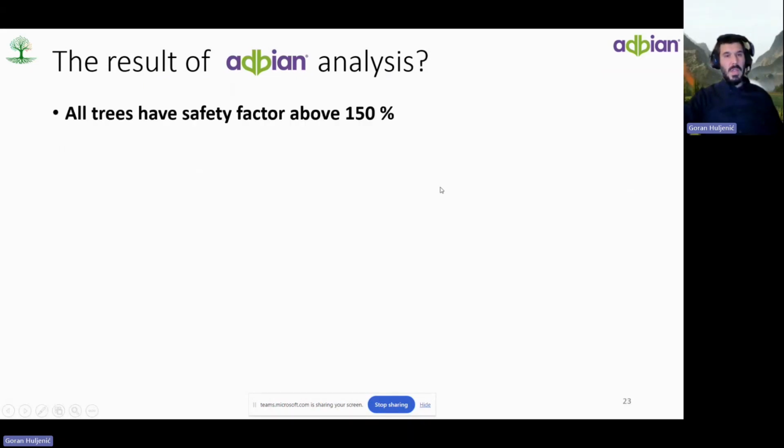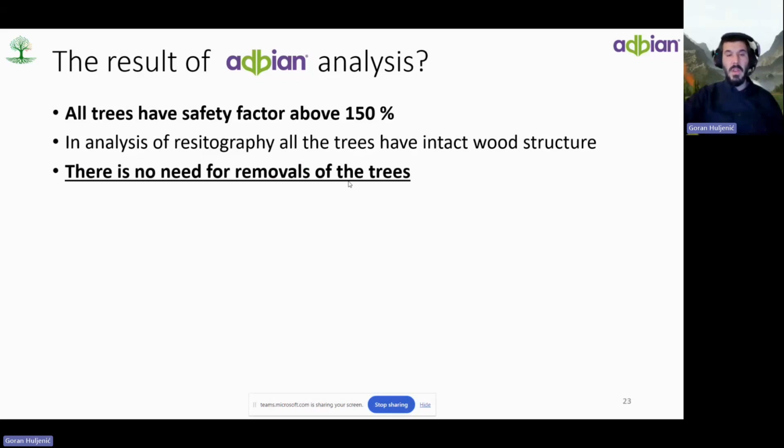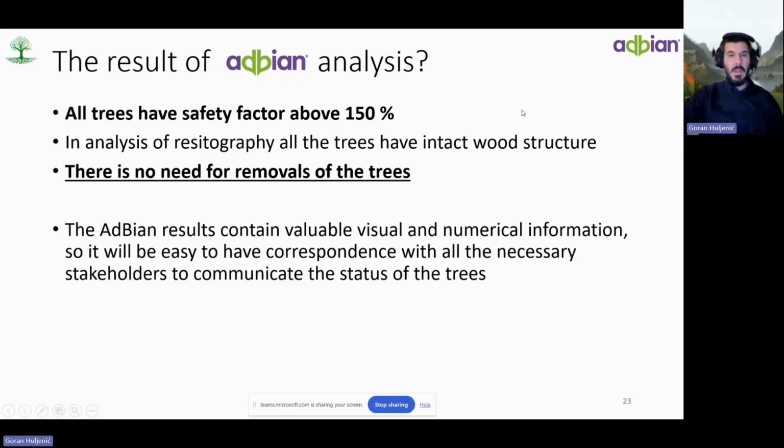And what are the results? All trees have a safety factor above 150. And in the resistography analysis, all trees have intact wood structure. So there is really no need for removal of the trees. And the Adbian results really contain valuable visual and numerical information.